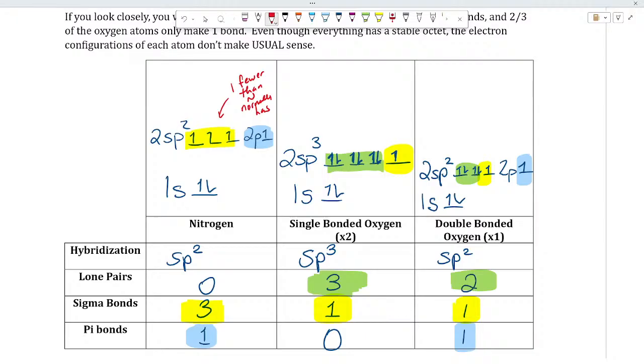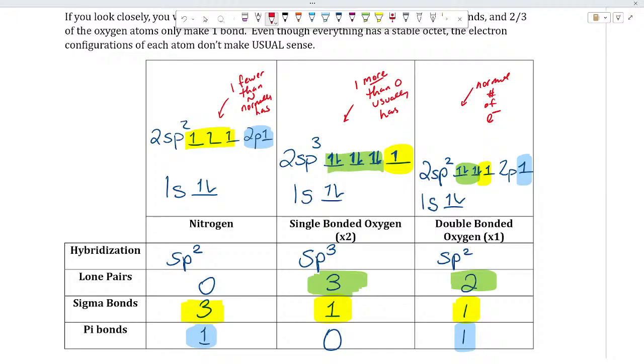Okay. This is 1 more than O usually has. And this has the normal number of electrons. Does that make sense? Again, tell me if it doesn't. Are we okay with that?